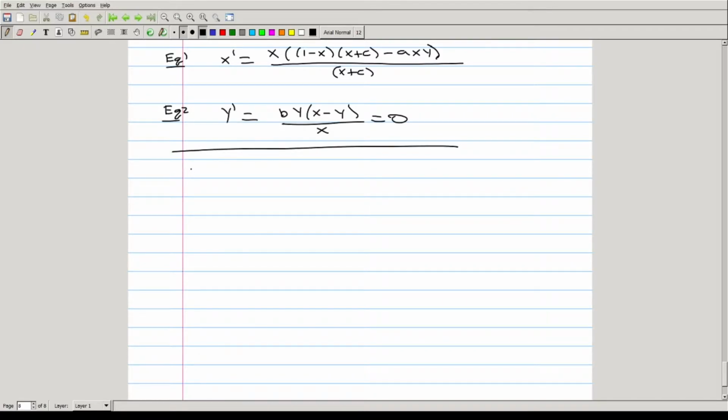The equilibrium points of this system are a little bit more cumbersome to evaluate. We'll start with equation 2. Oops, and this should not equal 0 in general. When we set equation 2 equal to 0, we have two possible ways of satisfying this.